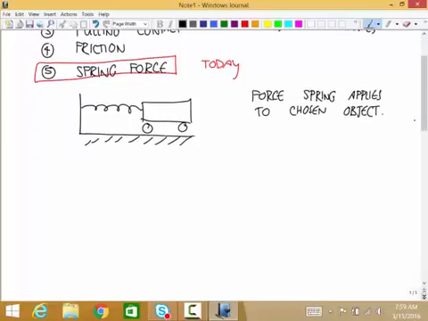And before we can do that, we have to define 1, 2, 3, 4 things.